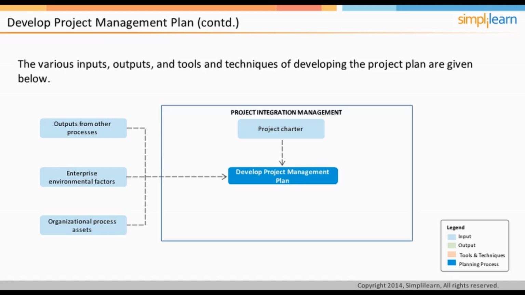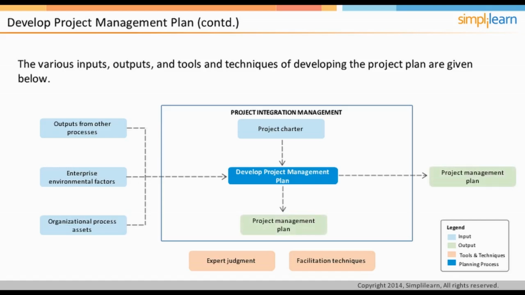It is recommended that you understand these inputs, outputs, and tools and techniques clearly, as most of these will be repeated in other processes as well. The two tools and techniques employed in this process are expert judgment and facilitation techniques. The very obvious output of this process is the project management plan. In the next screen, let us look at some of the key terms which are crucial in understanding these processes.